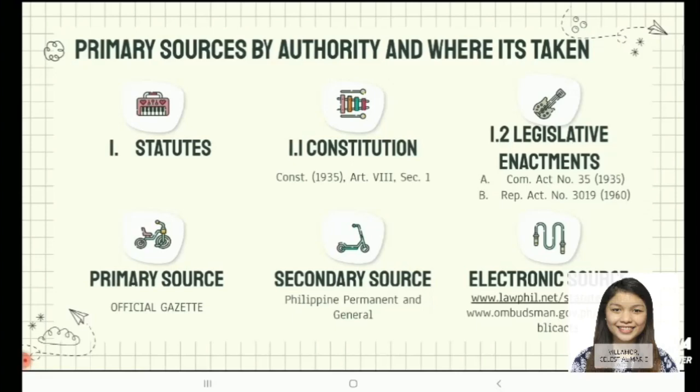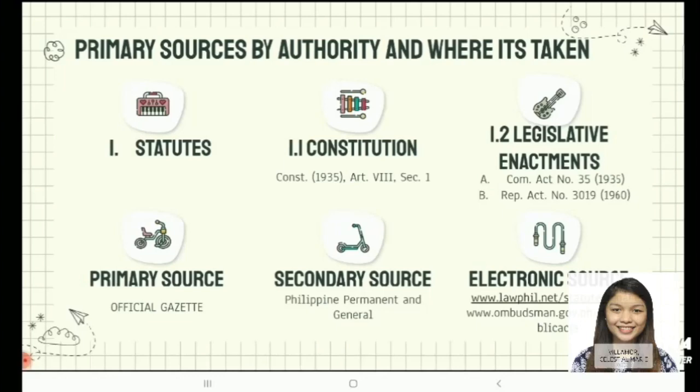We also have legislative enactments. We have laws passed by legislative departments, such as the Commonwealth Act, to be cited as Com. Act Number 35 of 1935.